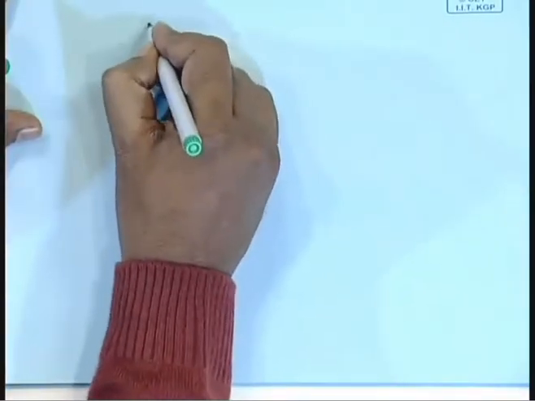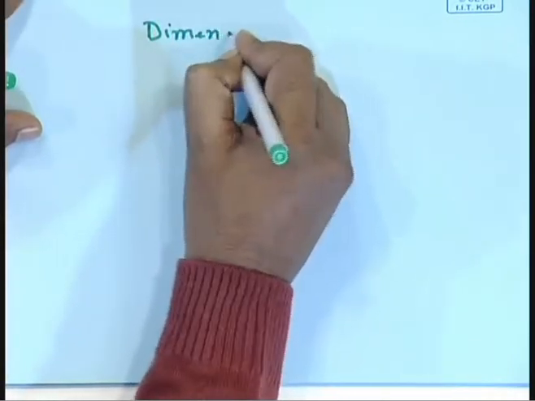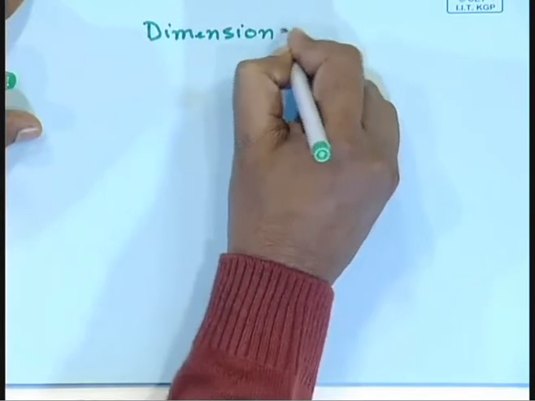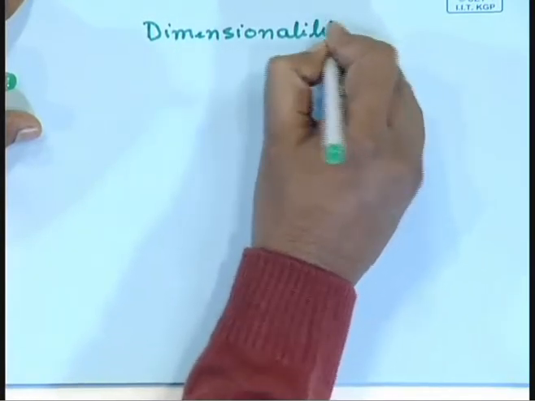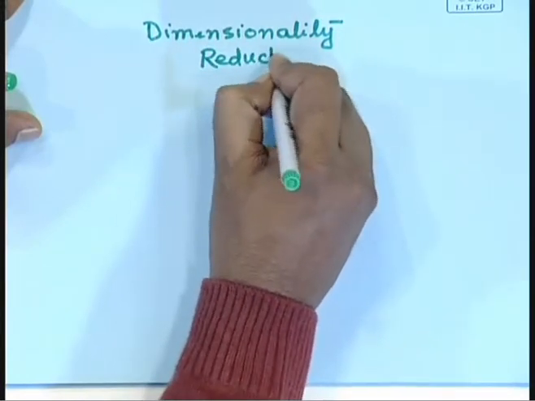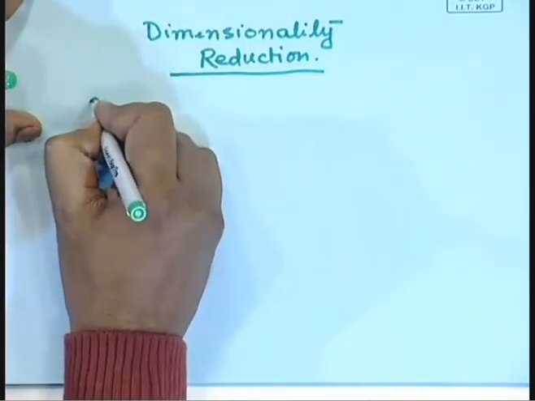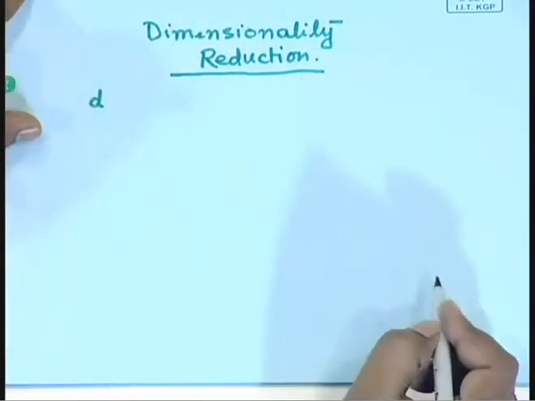So, coming to this concept of projection, with the aim to reduce the dimensionality of the feature vectors, I can have two types of projections or two types of concepts. So, what we are discussing now is the reduction of dimensionality. That means, initially I have a feature vector of dimension d.